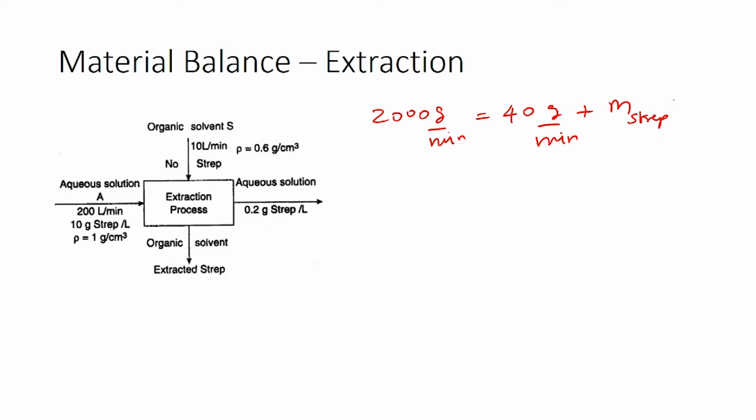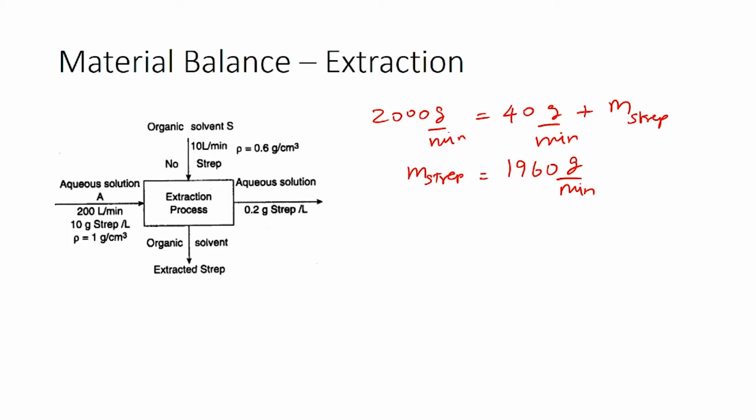So, this would be 1960 grams per minute. Based on the balance equation, we have now identified that 1960 grams of streptomycin leaves the system per minute in the form of the organic extract.